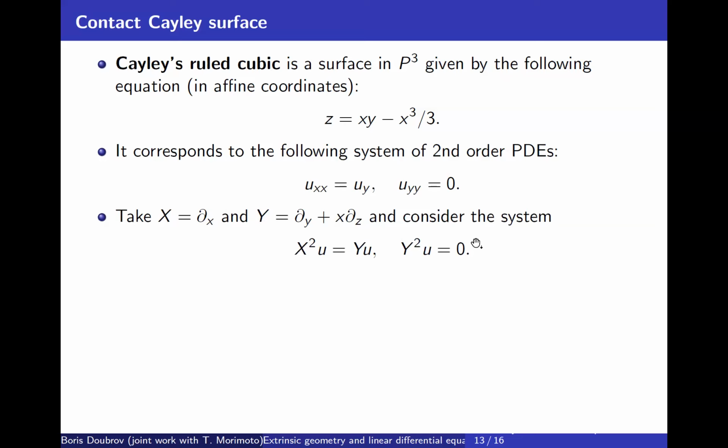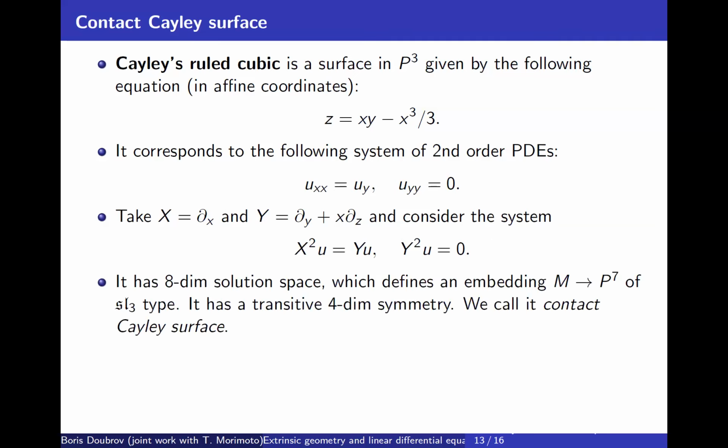And we get a certain interesting embedding, which has a four-dimensional symmetry, and that's also a unique submaximal embedding of our SL3 type. It can be written very explicitly, but it cannot be written via a single algebraic equation. Unfortunately, it's still algebraic.